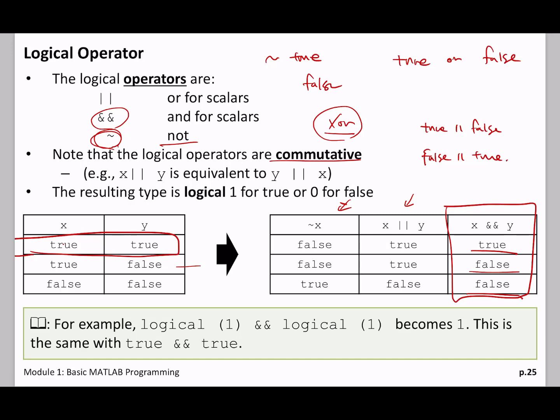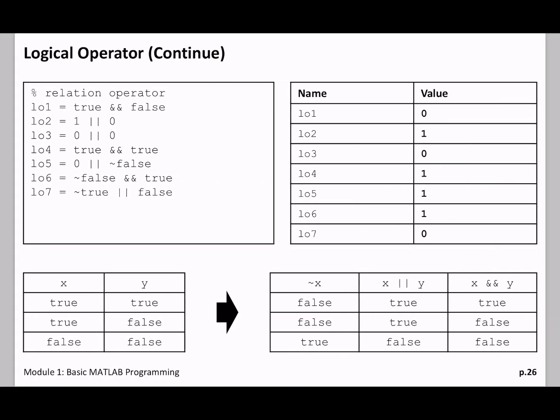Okay, let's just see an example. This is the AND operator. True and false is false, because with the AND operator, only when both are true is it true, right? See this? AND operator, both true are true, otherwise false, right? These are true because this is the OR operator. These are false.